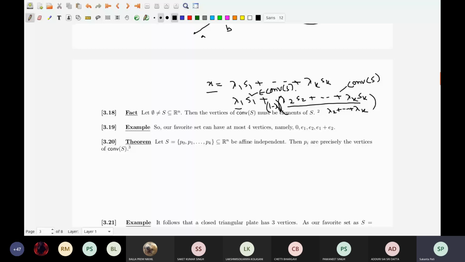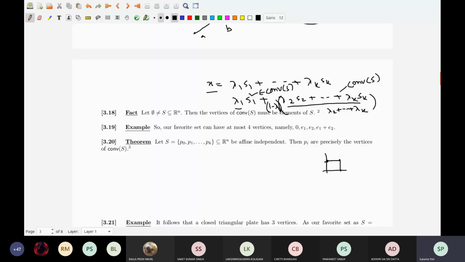So for example, our favorite set is the convex hull of 0, E1, E2, E1 plus E2. It can have only 4 vertices and it has exactly 4 vertices, exactly 4 corners, right? This was our favorite set.